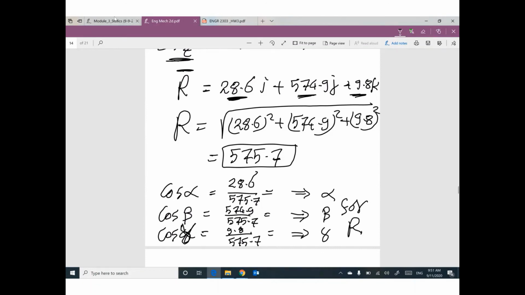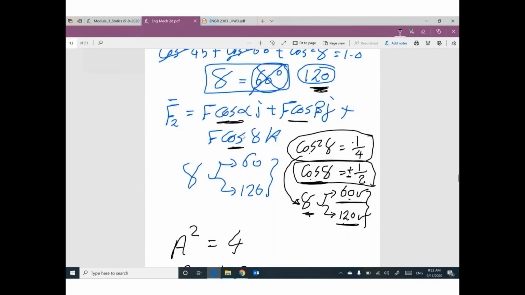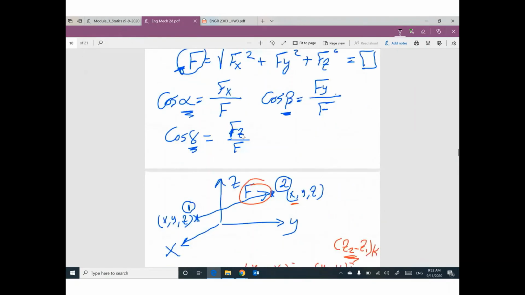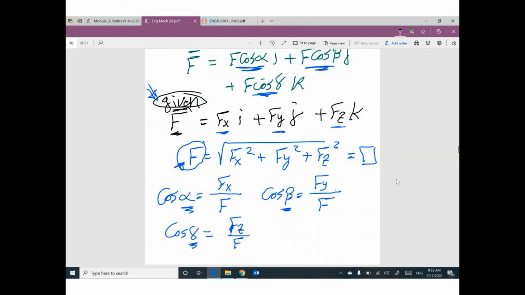Guys, do you remember? If you have something given with 3 components, I can get it as one value. And I can get the angles of this value, cosine alpha, cosine beta, cosine gamma.